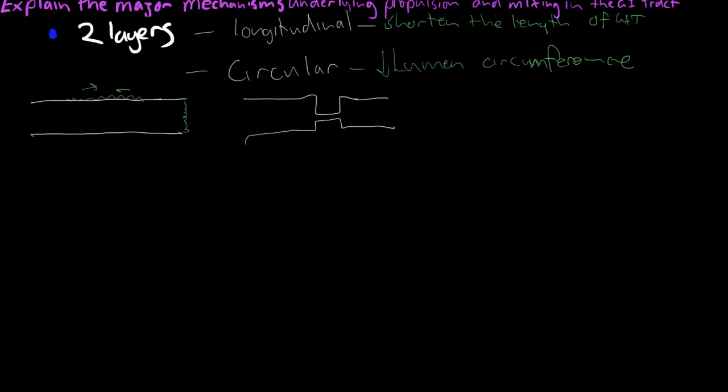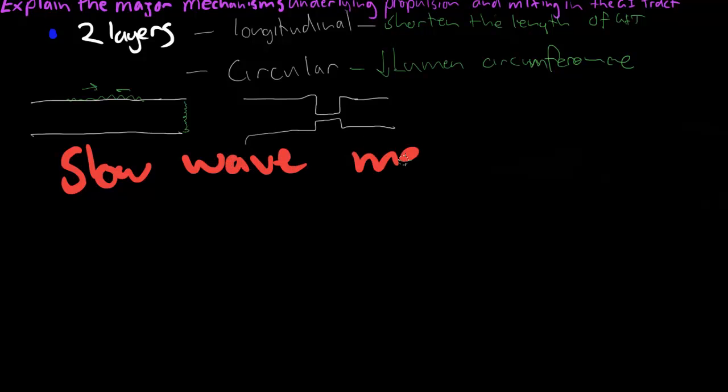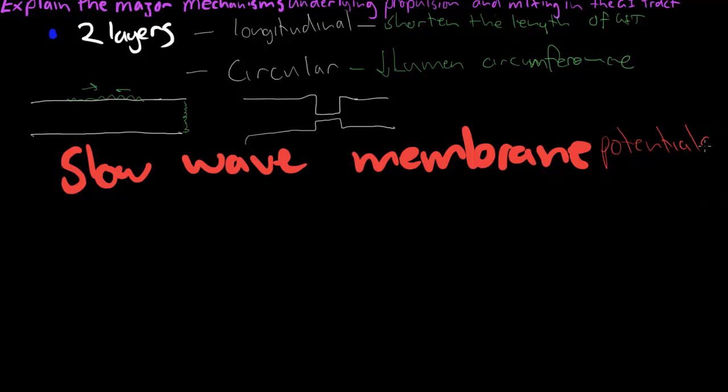Now the other important thing is to understand the concept of slow wave membrane potentials. Now I'm just going to draw. What these are is spontaneous waves of membrane potential that are built into the muscle fibers.